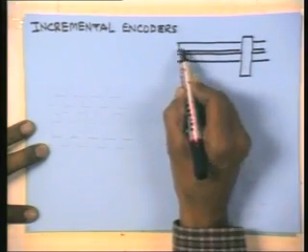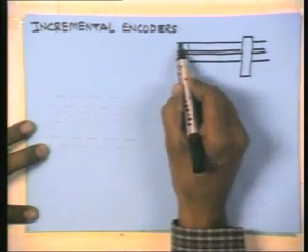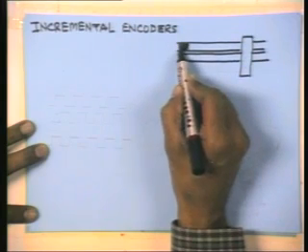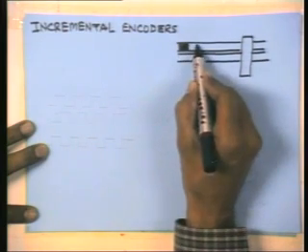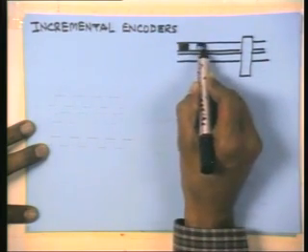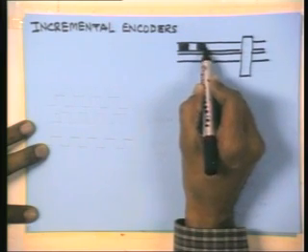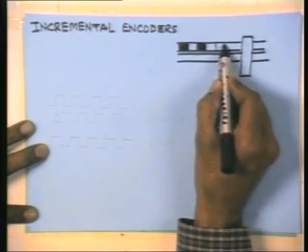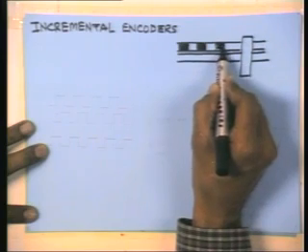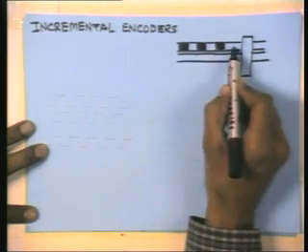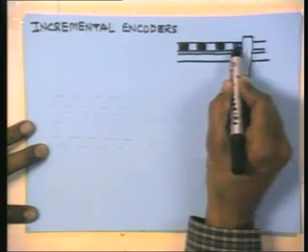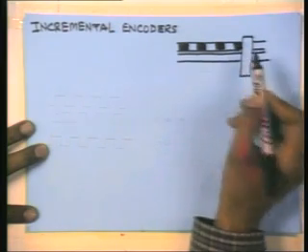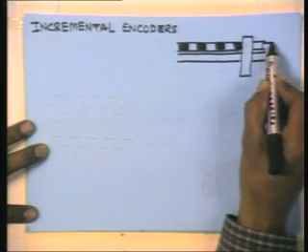And these are going to be divided into opaque and transparent sections, parts. So here is my opaque parts alternating with the transparent parts, and part of it is hidden under the sensor.